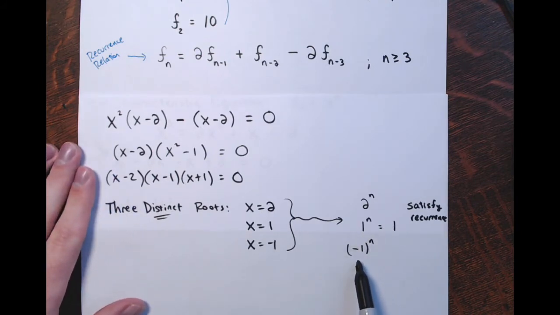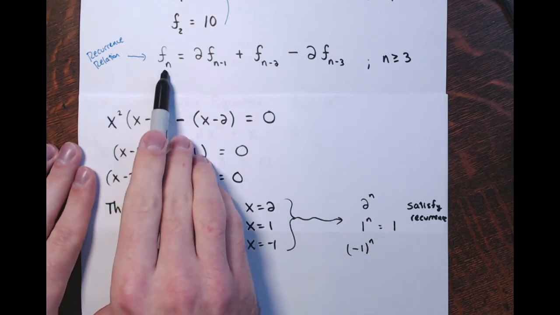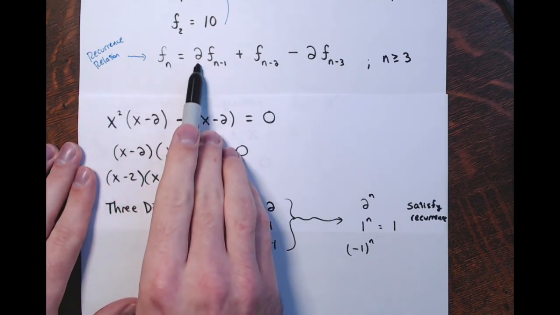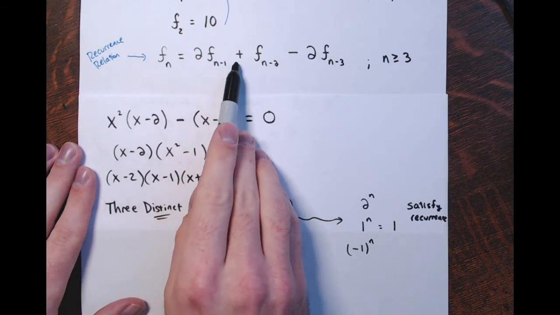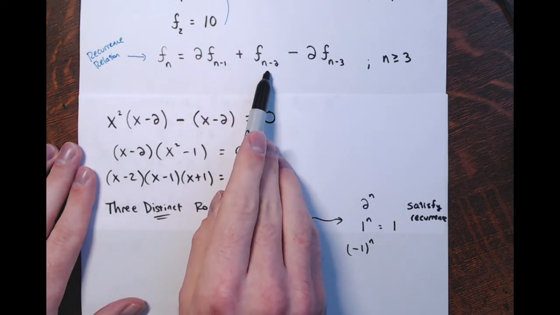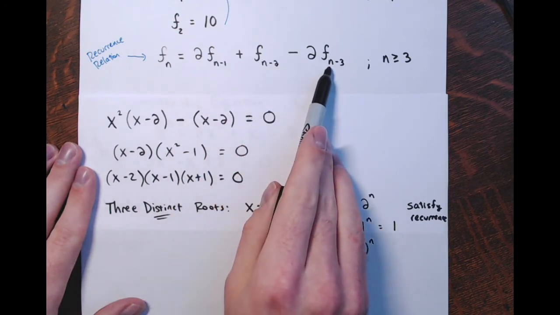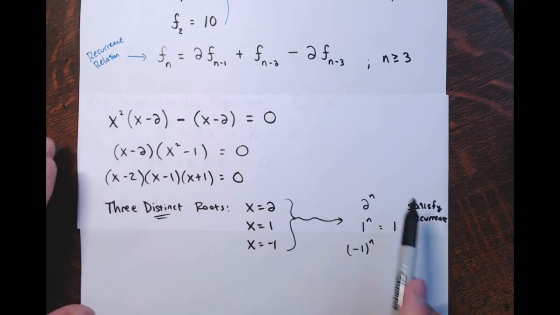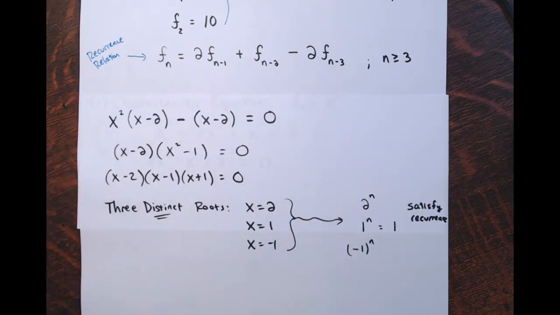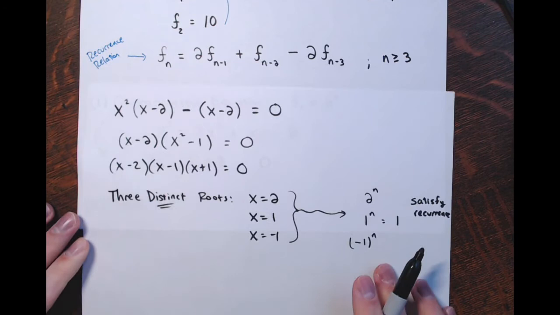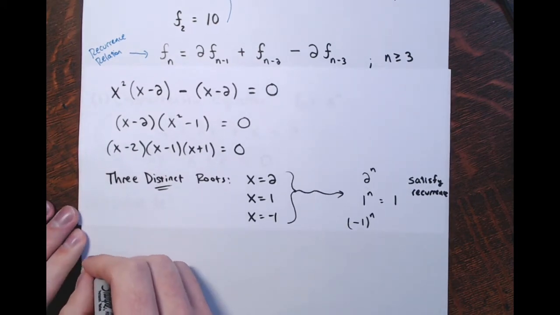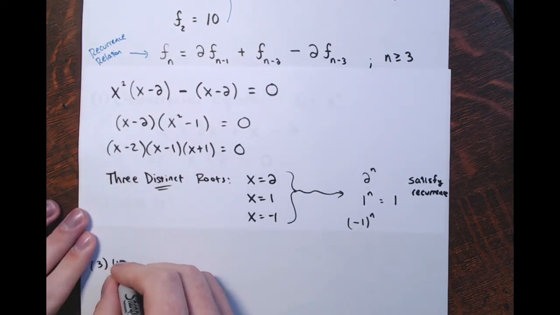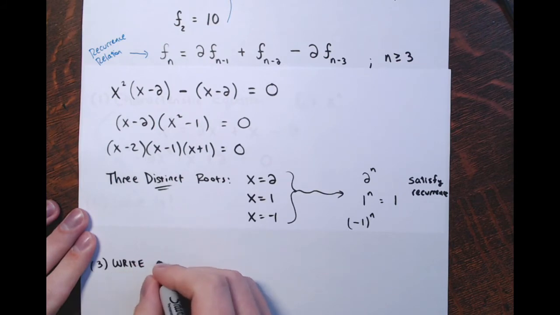And -1 to the nth is equal to 2 times -1 to the n minus 1 plus -1 to the n minus 2 minus 2 times -1 to the n minus 3. All three of these satisfy the recurrence, and you can check that if you want. So then third step is write the general solution to the recurrence.